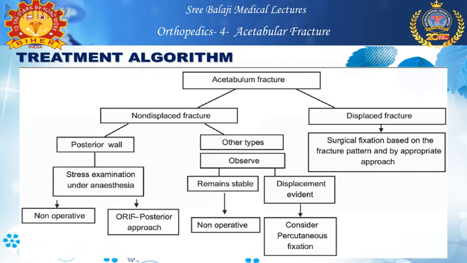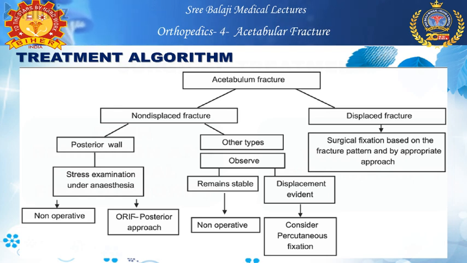Surgical approaches: there are various approaches for acetabular fracture. That is the anterior approach, the Kocher-Langenbeck approach, which is a posterior approach, the modified Stoppa, extended iliofemoral, extensile approach, and combined approaches.